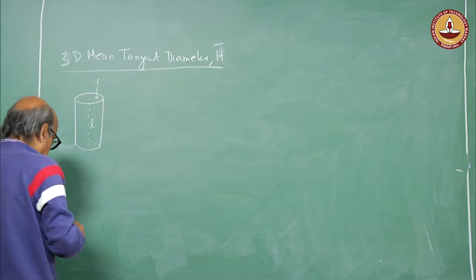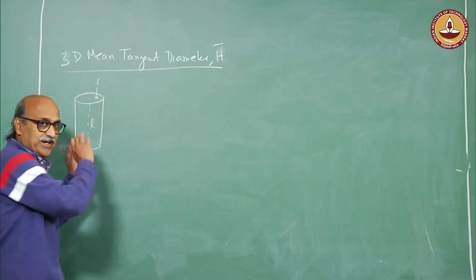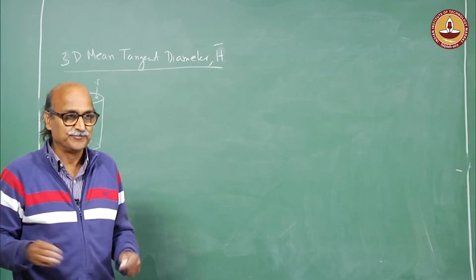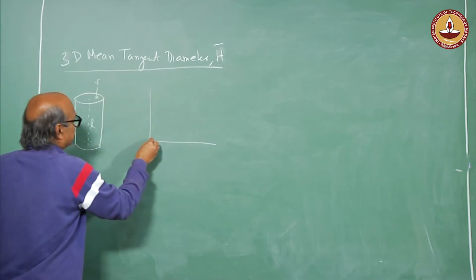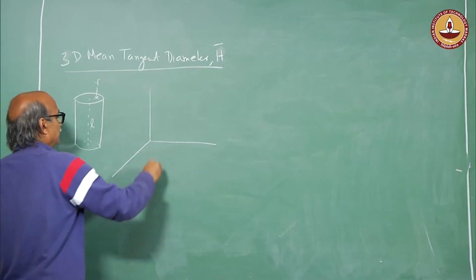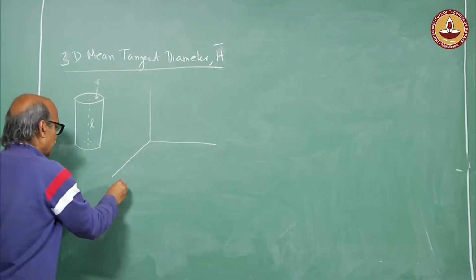So, let us first define an orientation for this cylinder. Just like I had put the rectangle, I am going to put it in a very similar way.